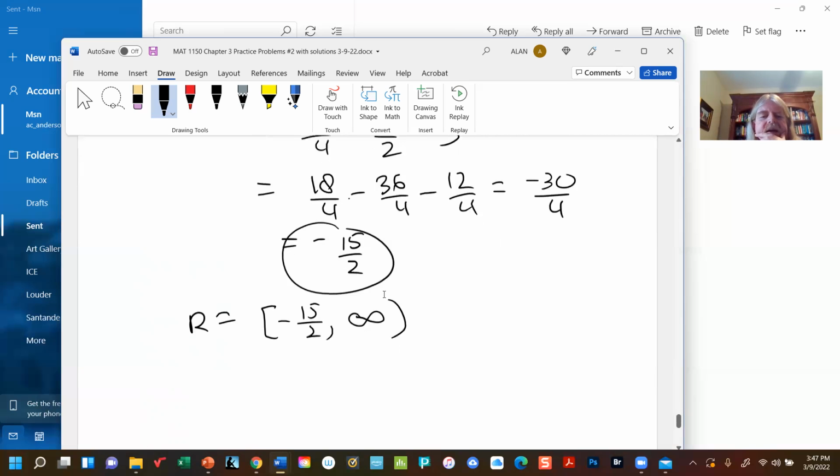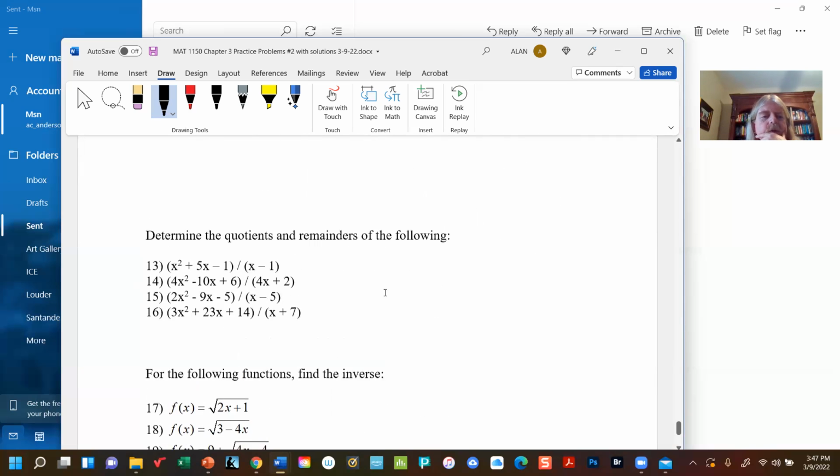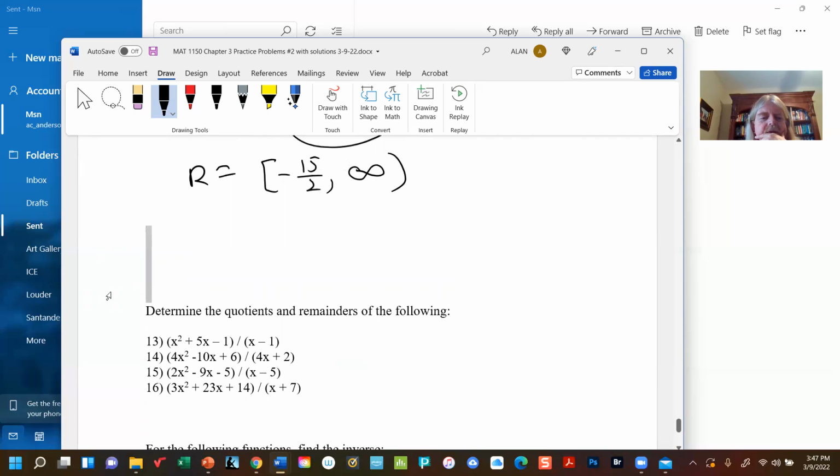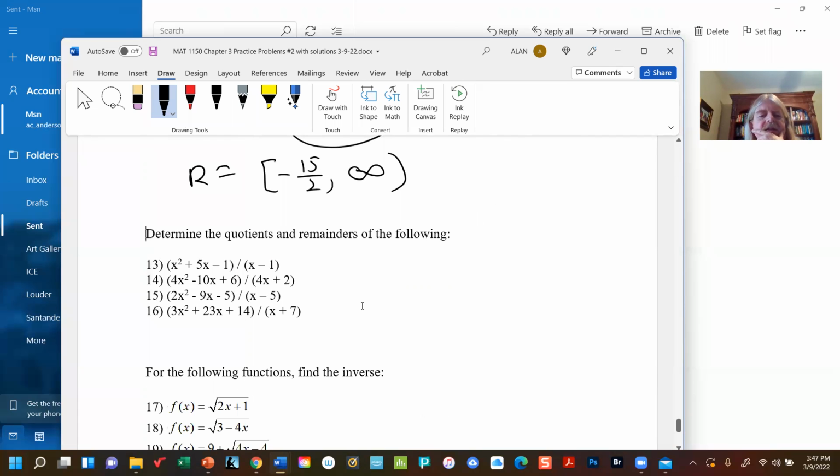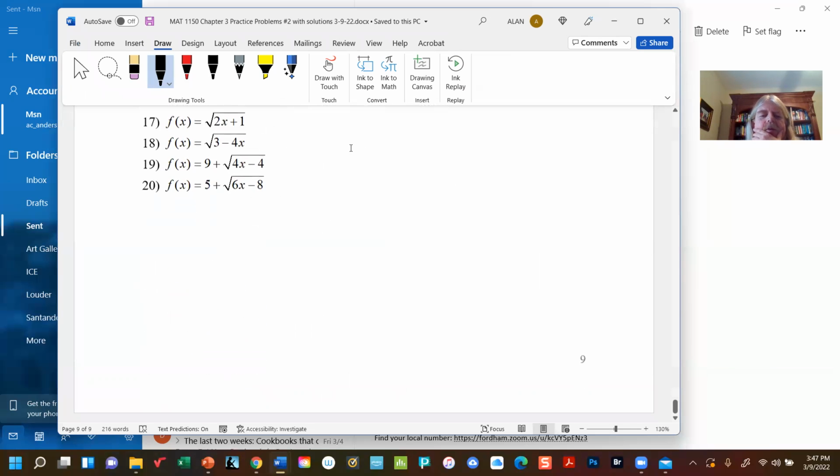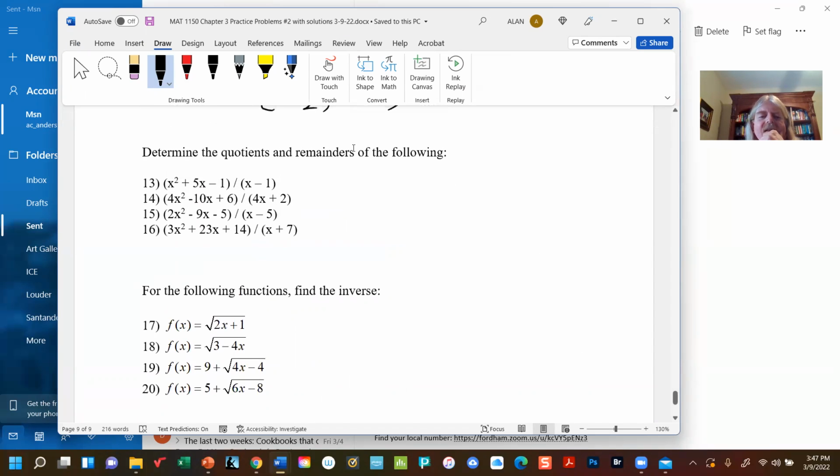All right, now the next batch, these are going to be a little different. We're doing quotients and remainders. Okay, so let's do this. Now remember, this is very similar to long division. Now, one thing I have to watch out for with this tablet, the problem with writing with it is that it sucks up an awful lot of memory.